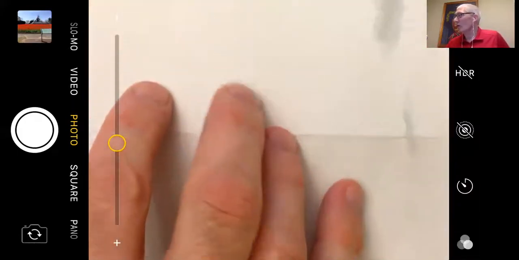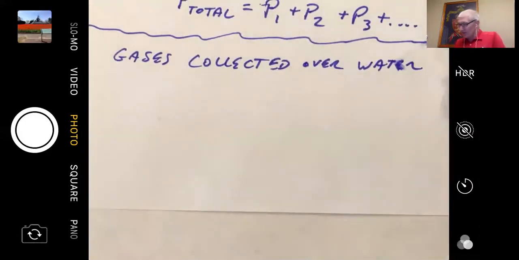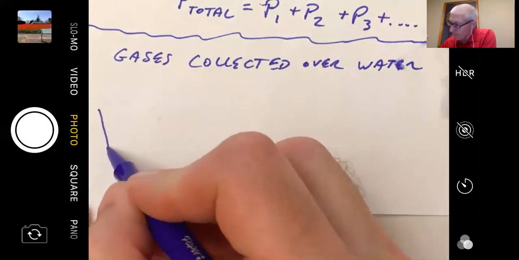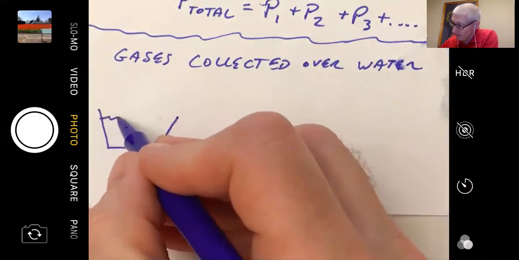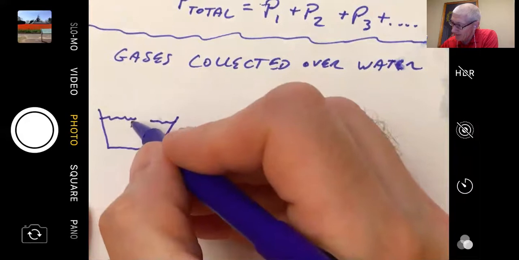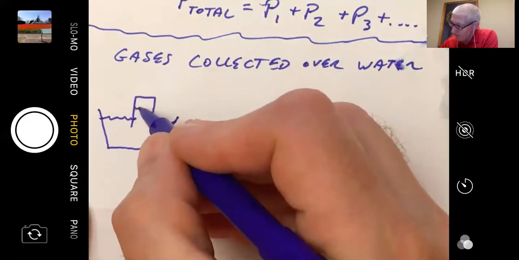So here we go. If I collect the gas over water, what you've got to realize, I'm going to draw this, is that even though right now I'm sitting at room temperature, there is water that is turning into the gaseous state, the most energetic particles, right?